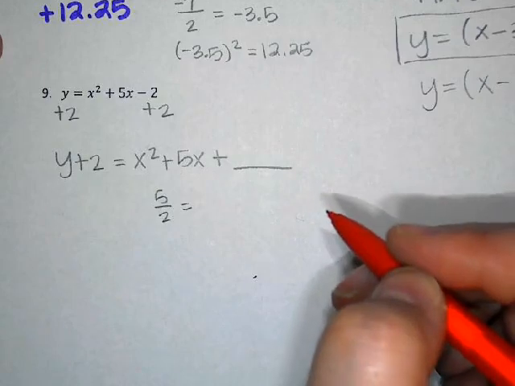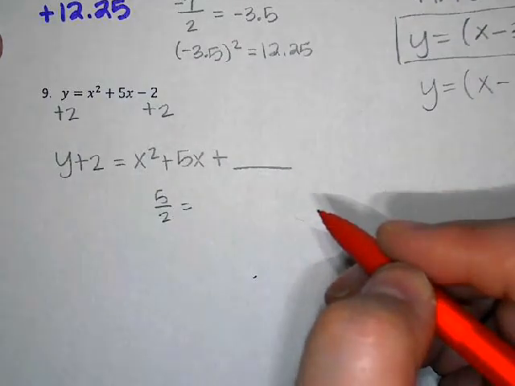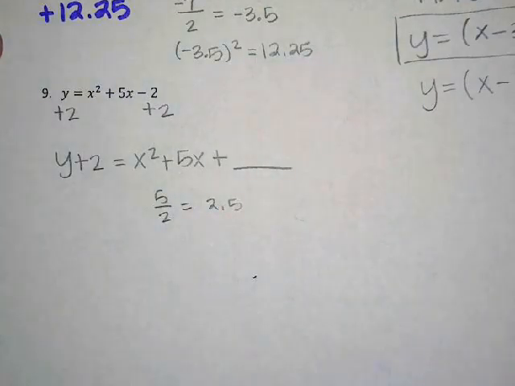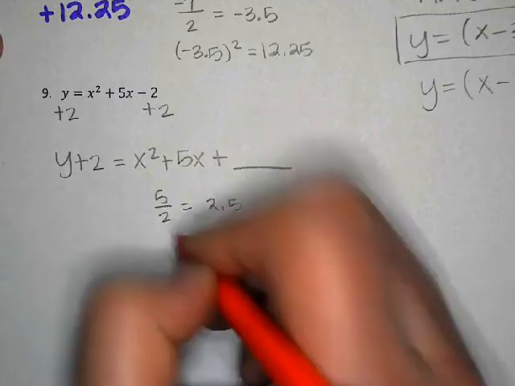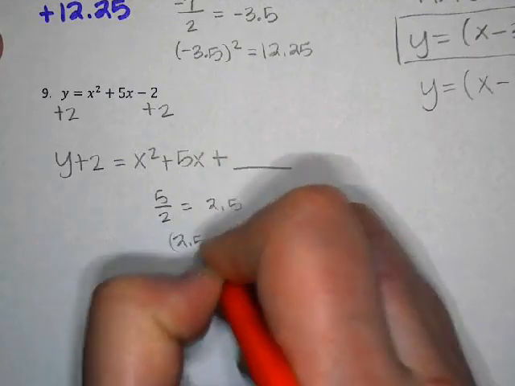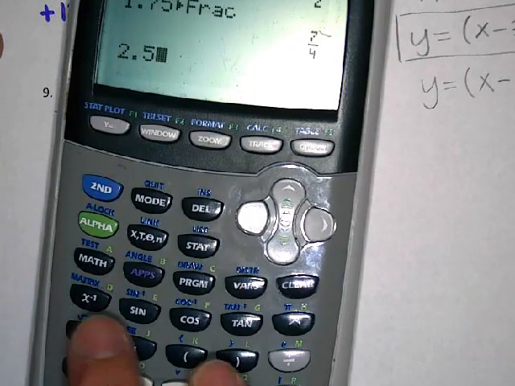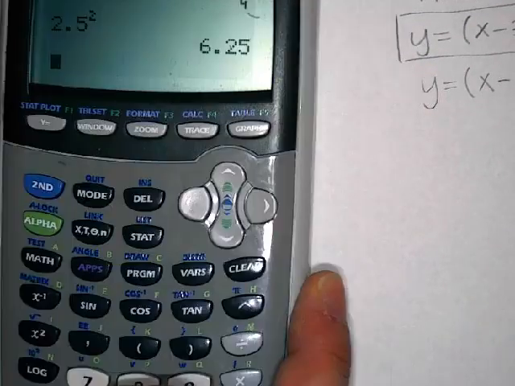And then 2.5 squared is 6.25. Okay, so we're going to put 6.25 in the blank, and where else?